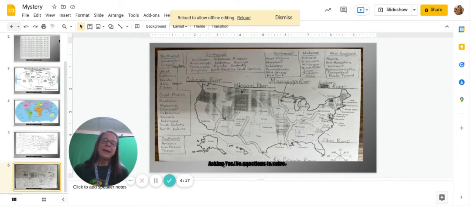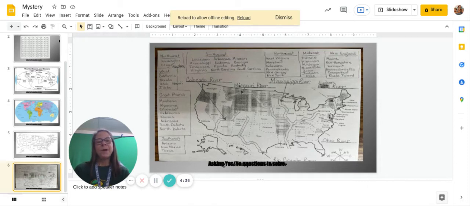Now, this was a map I used in 2nd grade. I had put the regions of the United States. I also labeled major rivers. And I have our compass rose, which you can add to any of these on the other slides.